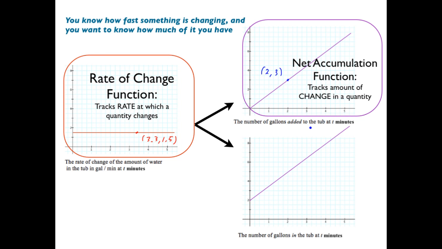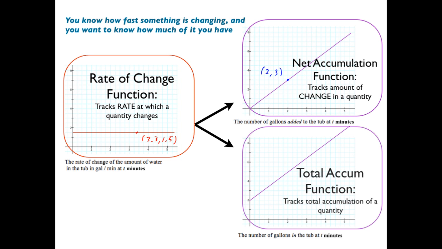And so this is what we call net accumulation, or the amount of change, right? It's like total amount of change. Okay, and then the bottom one, what would we call that? It's also accumulation. That'd be total accumulation, right? That includes any accumulation we had before whatever our starting point is.